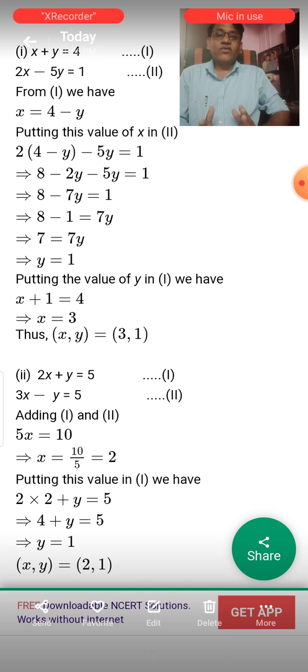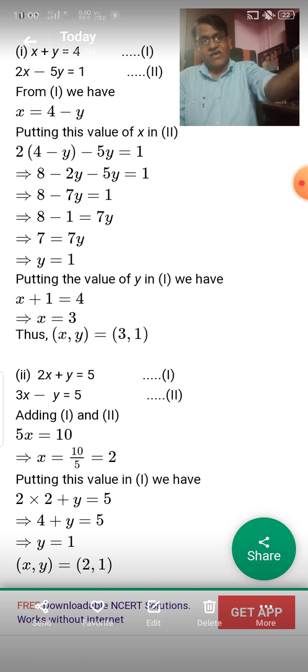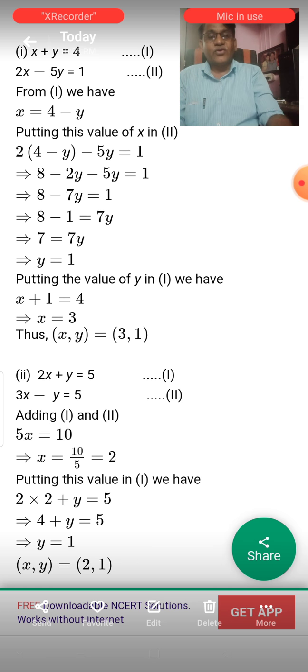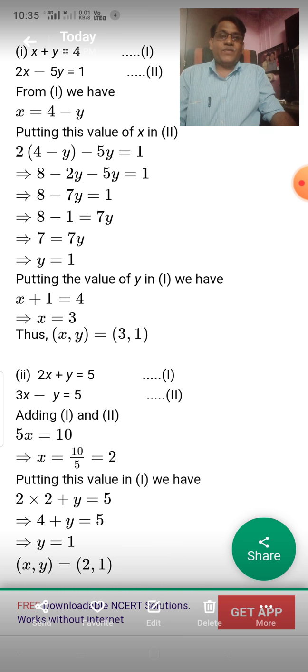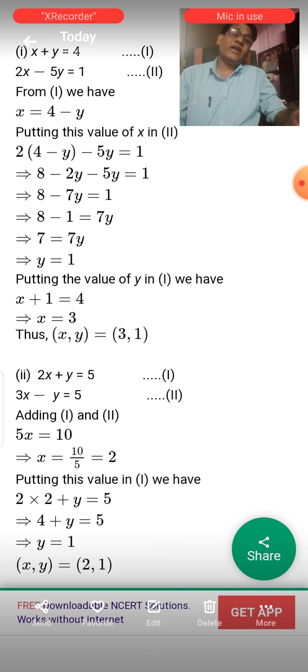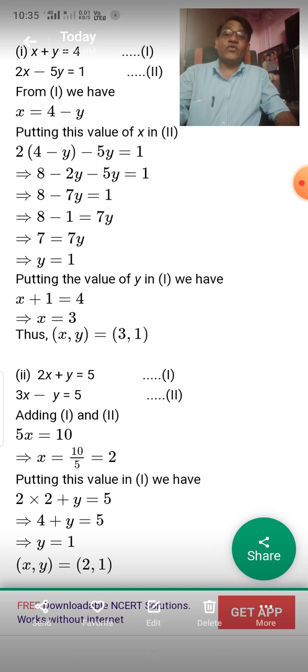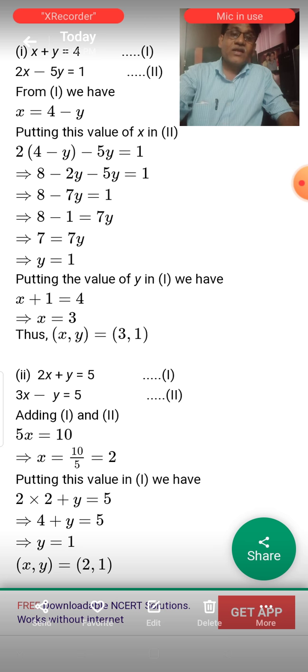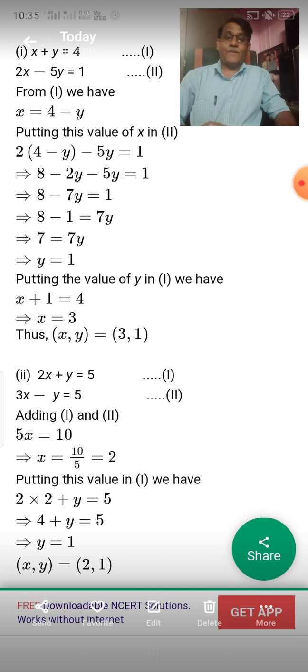It means you find the value of one variable from one equation and substitute that value in the second equation, not in the same equation. So you find the value of x from equation 1 and substitute that value in equation 2 only.